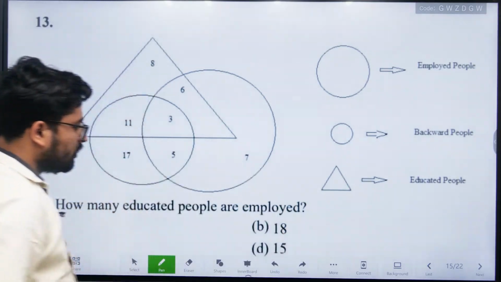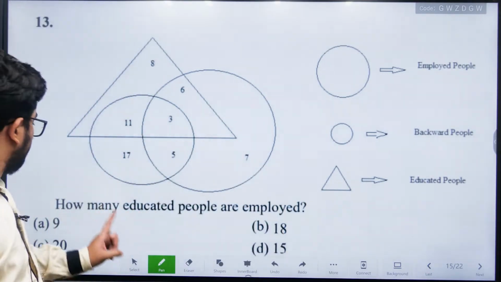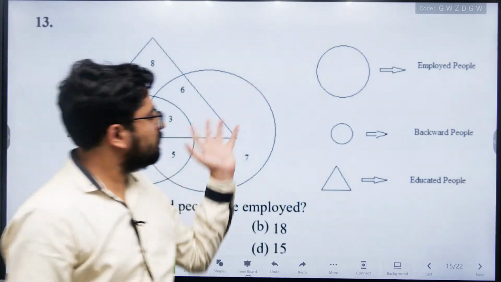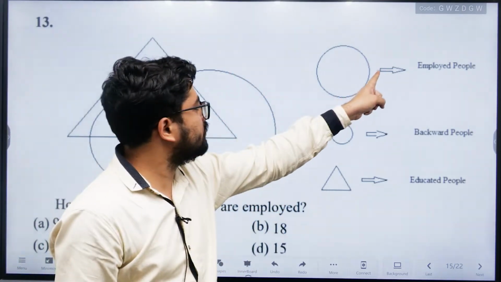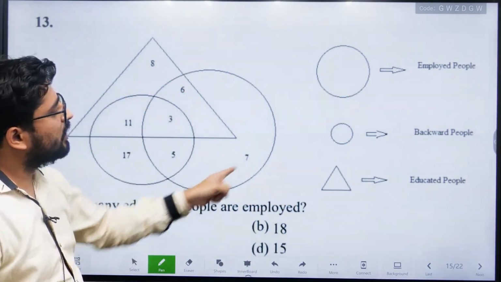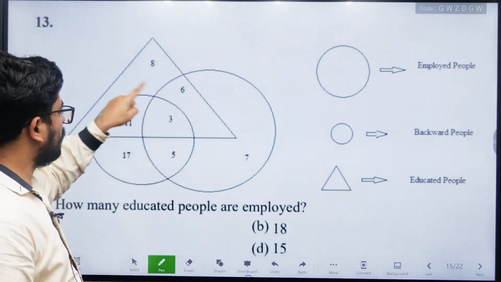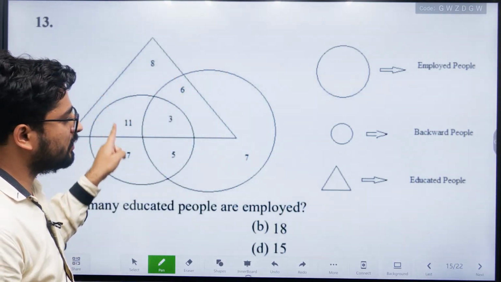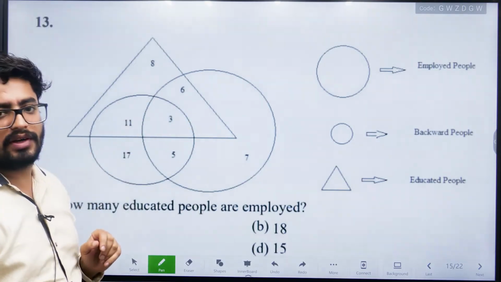Now we have a diagram here. The bigger circle represents employed people, the smaller circle represents backward people, and the triangle represents educated people.